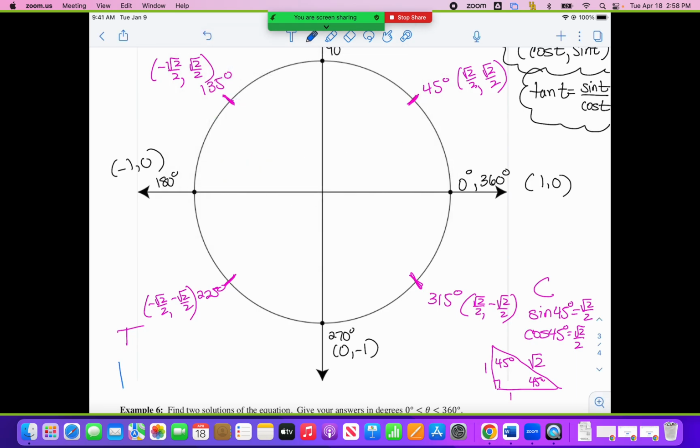All right, down at the bottom, I want you to draw a 30-60 right triangle. Your 1, 2, square root 3. So the sine of 30 is 1/2, and cosine of 30 is square root 3 over 2.